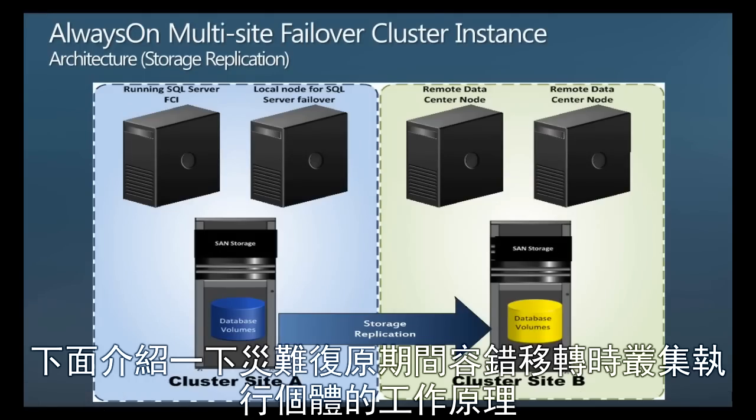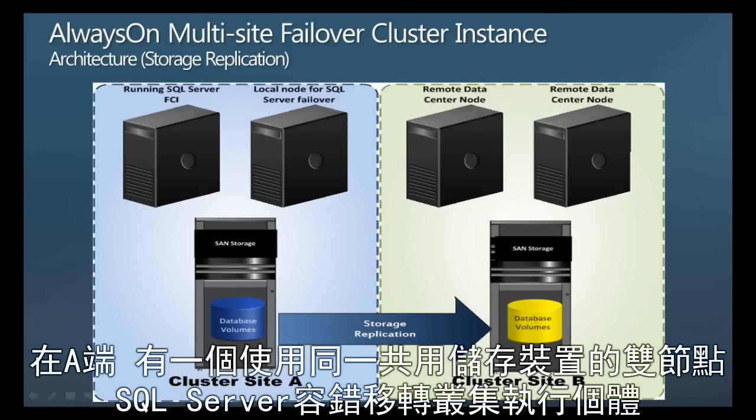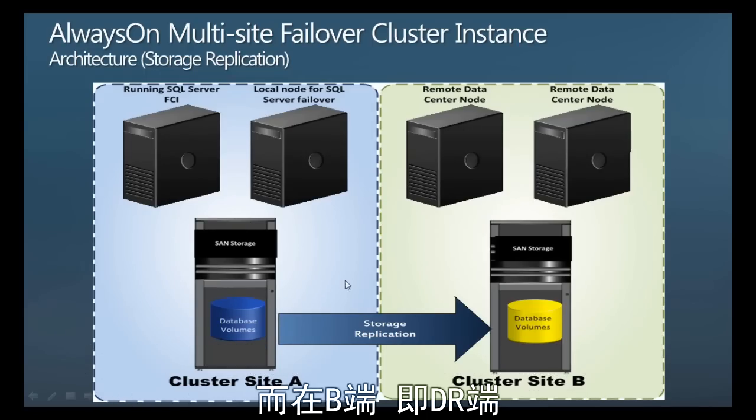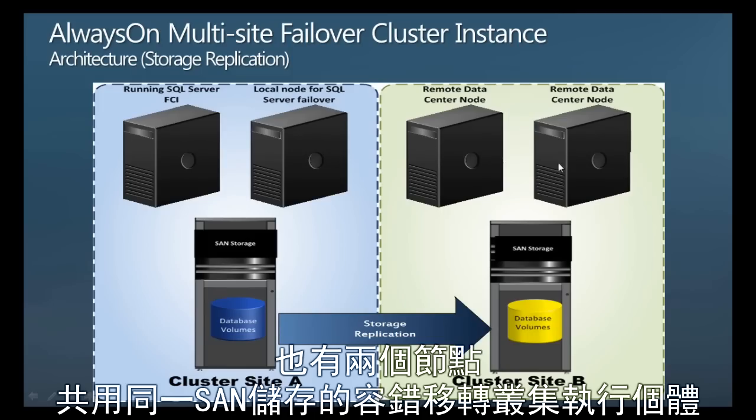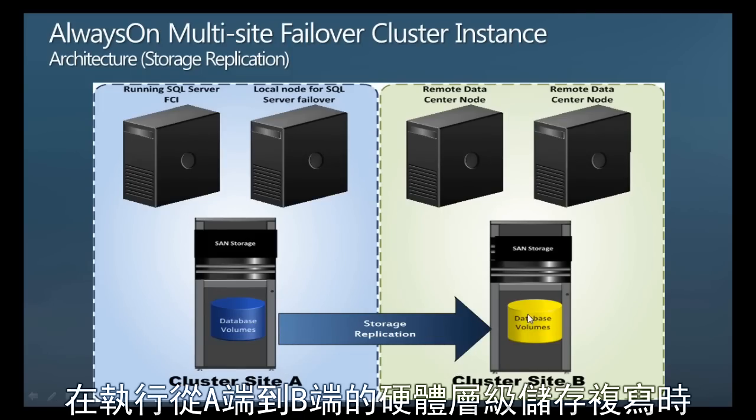Here is an illustration of how the multi-site failover cluster instance works during a disaster recovery. Inside site A, you can see we have a 2-node SQL Server failover cluster instance using one shared storage. On site B, which is the DR side, we also have a 2-node failover cluster instance sharing the same storage.